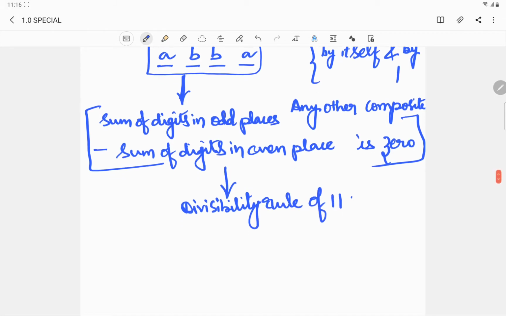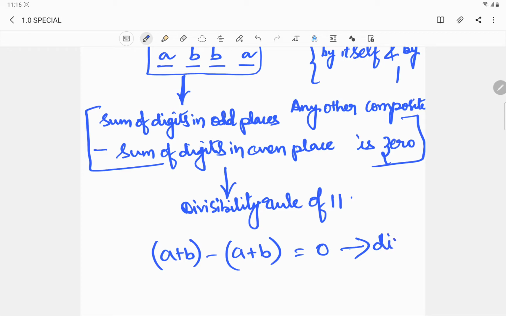So in a 4-digit palindrome, the sum of the digits in the odd places is a plus b, minus the sum of the digits in the even places, which is a plus b. So it is 0. So it will be divisible by 11.